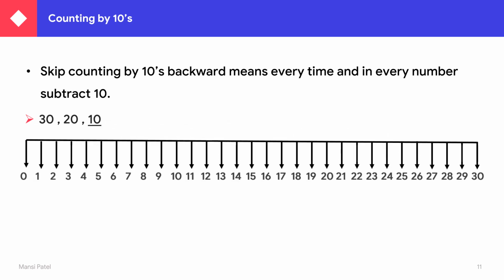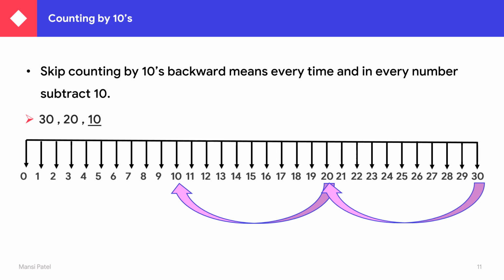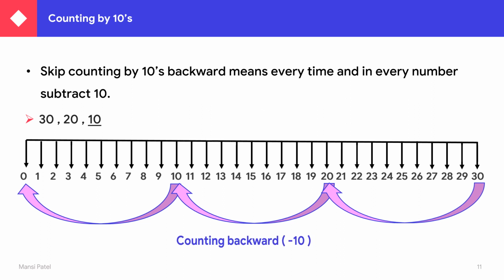Here in the number line, the numbers 0 to 30 are there. We have to skip 10 numbers. So your first jump is from 30 to 20, then 20 to 10 and then 10 to 0. To reach 0, how many jumps? 3 jumps are there. So this is known as counting backward.